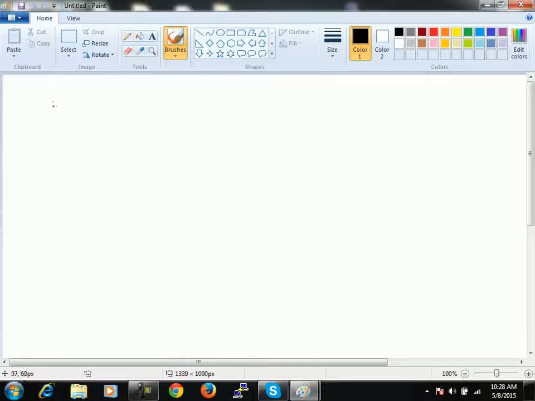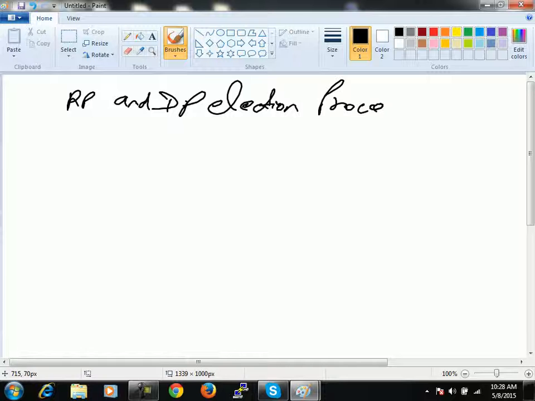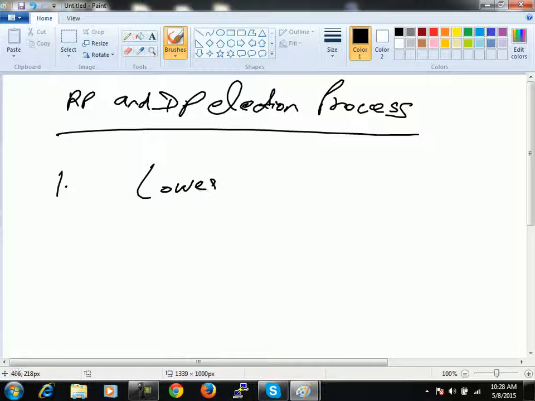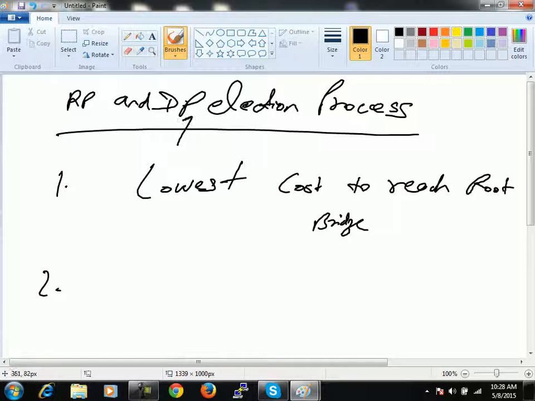If we talk about the RP and DP election process, the very first criterion is the lowest cost to reach the root bridge, and this rule is applicable for DP election as well, but only when you elect a DP between two non-root bridges. If your switch is the root bridge, then all its ports will be DP, so there will not be any election.